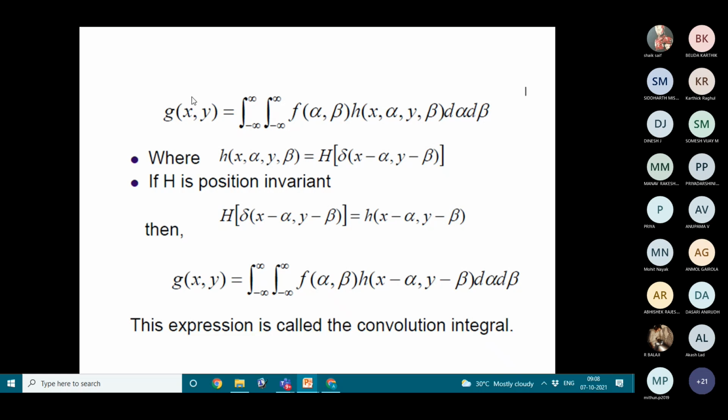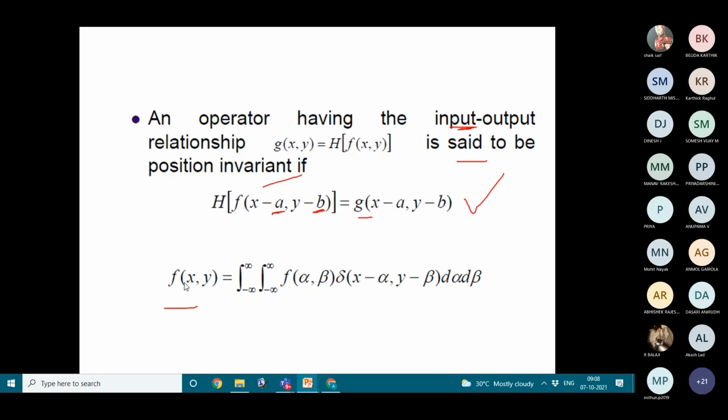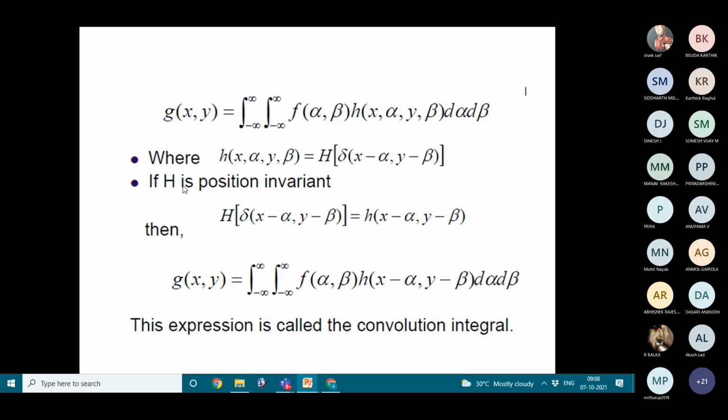What is g? g is what results when a transformation happens on f. When the transformation is applied to f it becomes g, and f(α, β) has no correspondence here, so it stays the same. If H is position invariant, then H of δ(x − α, y − β) will be h(x − α, y − β).